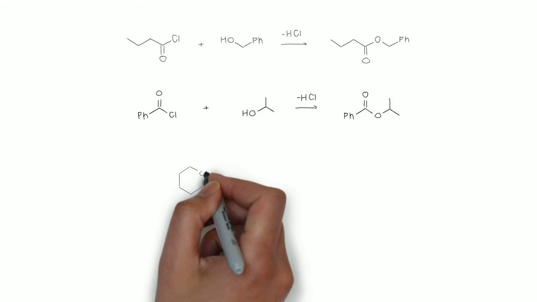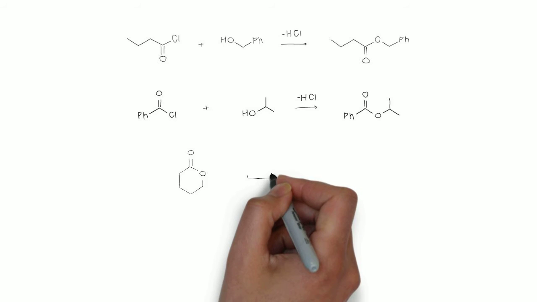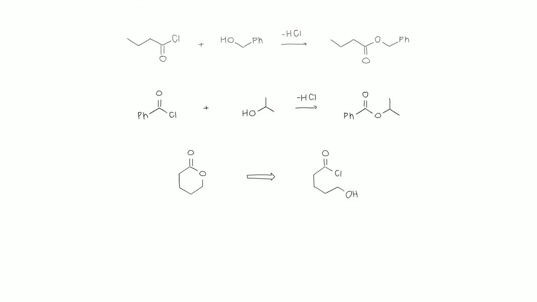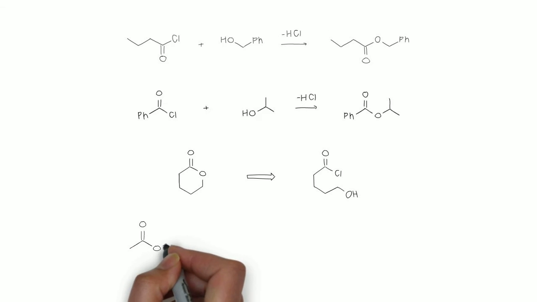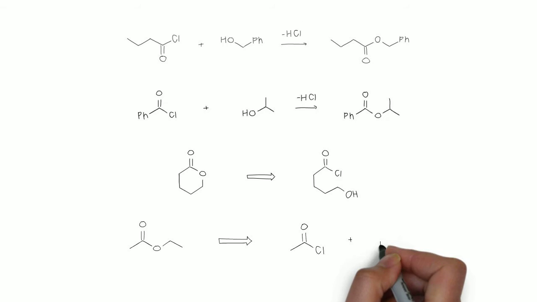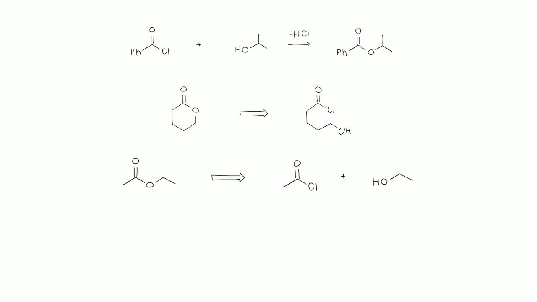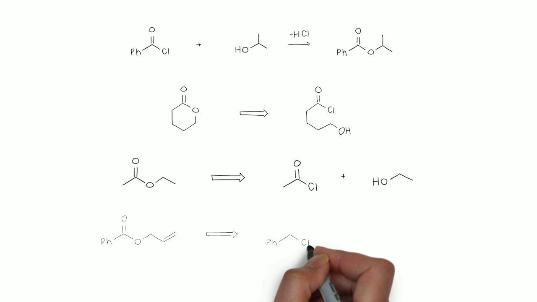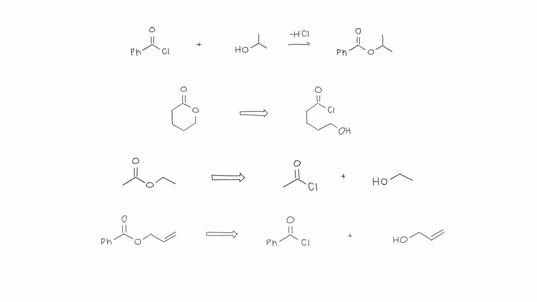Thinking backwards then, whenever we see an ester, it could be made from the corresponding acid chloride and an alcohol. If it's cyclic, that has to be an intramolecular reaction. But if it's acyclic, that will be ethanoyl chloride and ethanol to give you ethyl acetate, or allyl alcohol and benzoyl chloride to give you this ester, and so on.